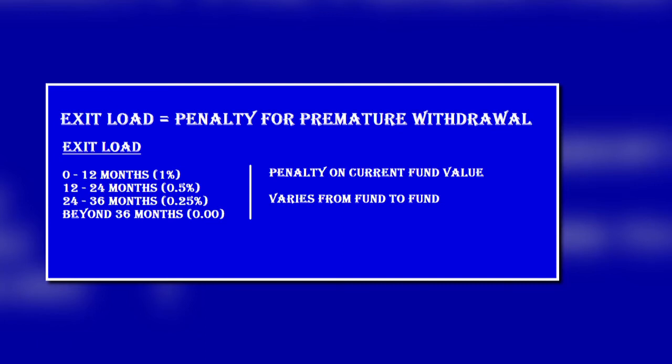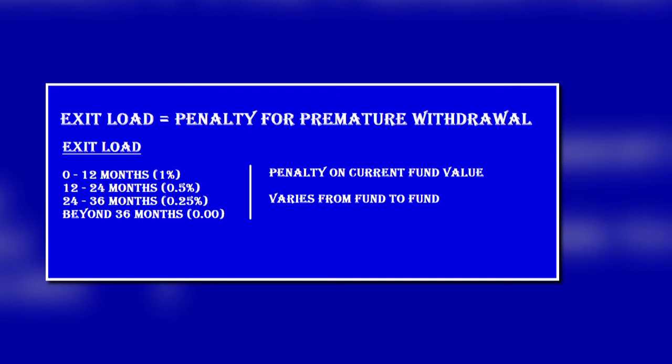The exit load is generally defined in the scheme-related documents of a mutual fund. So read them carefully before investing in any mutual fund. The value of this exit load is not the same in every mutual fund. Some mutual funds do not charge any exit loads, but most funds will charge it.